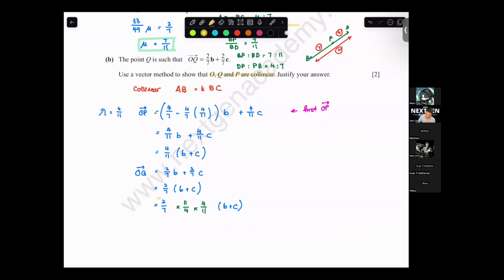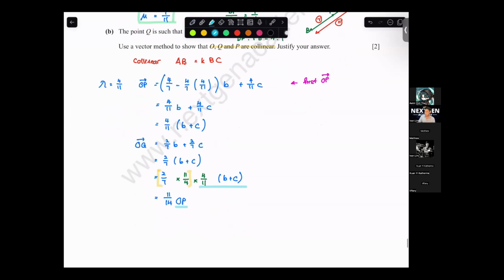So I take these two and multiply them, which gives 2 over 7 times 11 over 4, so we get 11 over 14. Then this part here is OP. Therefore we can say that OP and OQ are scalar multiples of each other. This is one point.